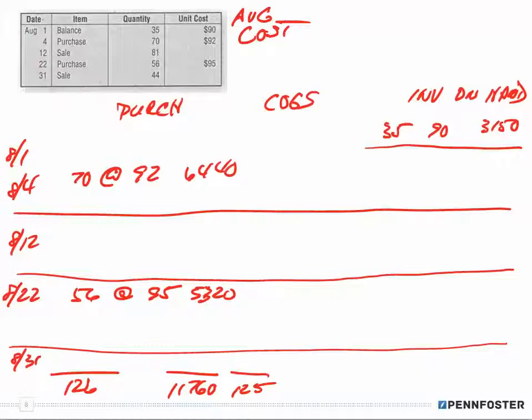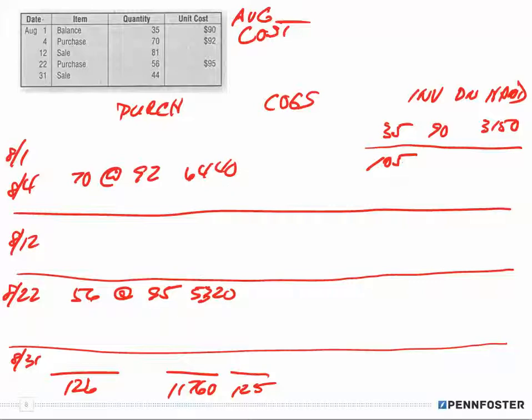Okay, so we start out with our beginning balance, and of course our average cost is 90 because that's what all of the units are. But now we have 70 units. We're buying 70 units at $92 each for 6,440. So now we have in inventory on hand the 35 plus the 70, so we have 105 units.